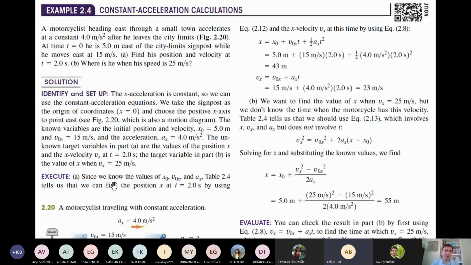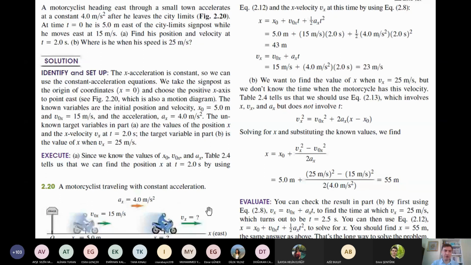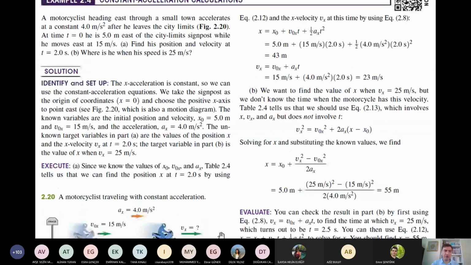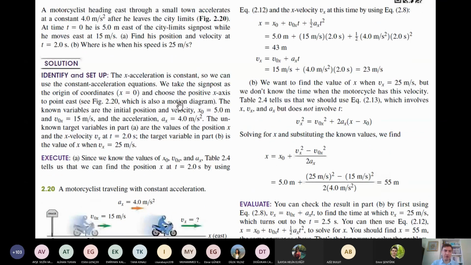A motorcyclist heading east. This is the east, okay? This is the origin. This is the positive x direction and it is chosen as east. Heading east through a small town, accelerates with a constant 4 meters per square second after he leaves the city limits. Here, there is the city limit sign.